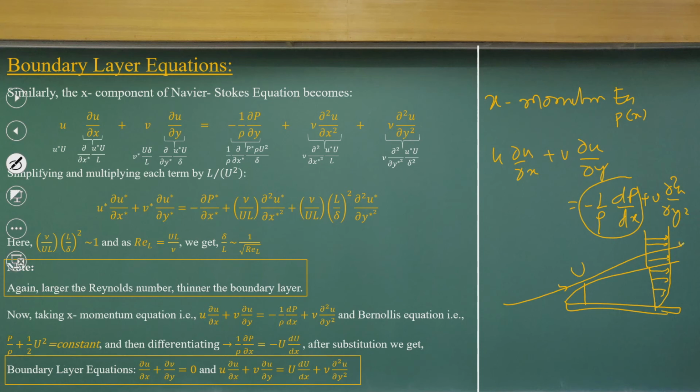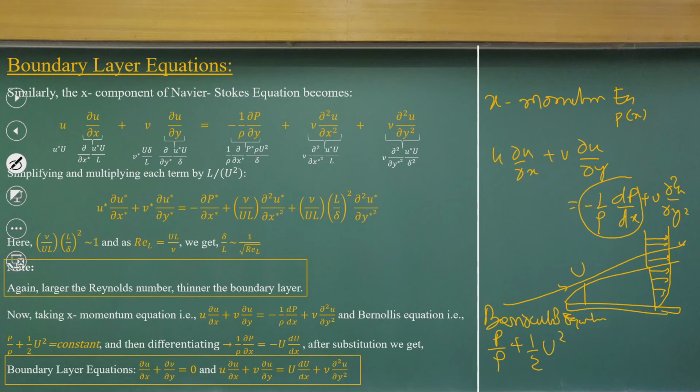Along the streamlines we can apply Bernoulli's equation, because there is no z component here; we are assuming there are no gravity force components. So, we have p by rho plus half u square along the streamline, which is constant.